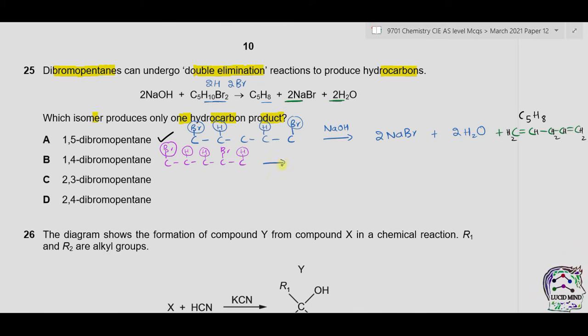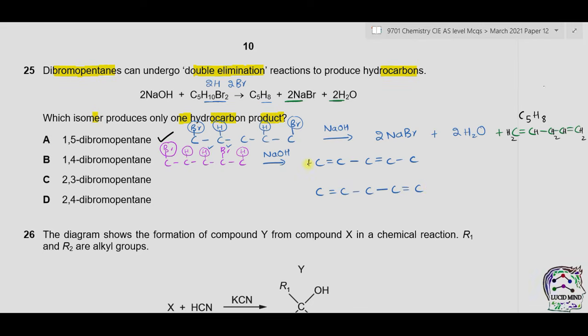Let's draw the product. We have sodium hydroxide. Now there are 2 possible products. In first one this double bond is present. Then we have 3 carbon atoms. Now if this hydrogen is removed along with this Br, then double bond will come between these 2 and this will be the product. If this hydrogen atom is removed along with this Br, then the product will be like this.